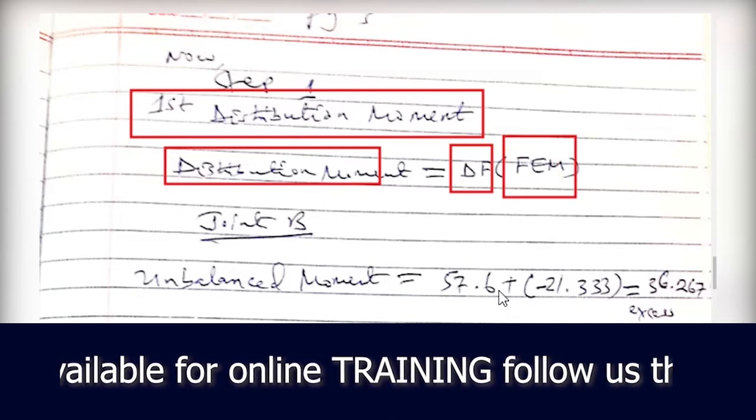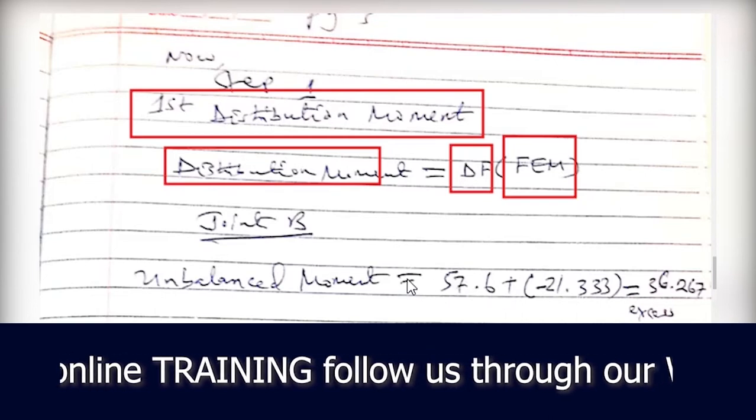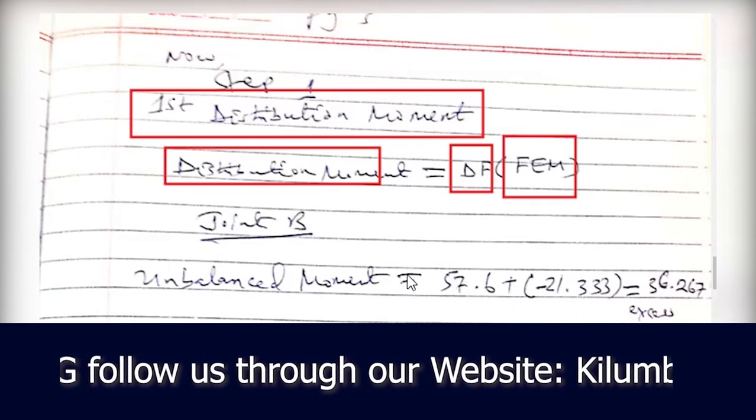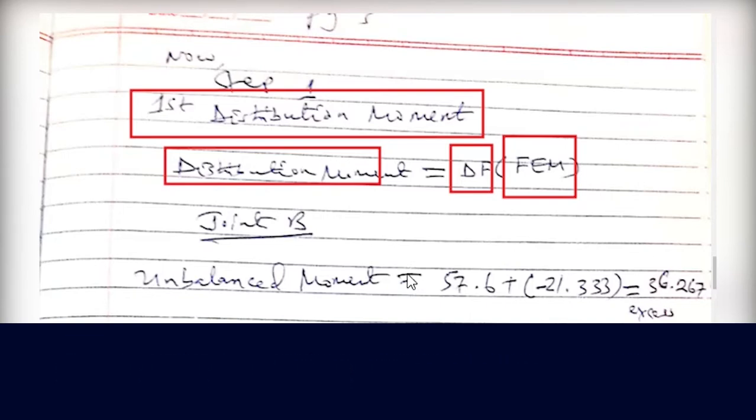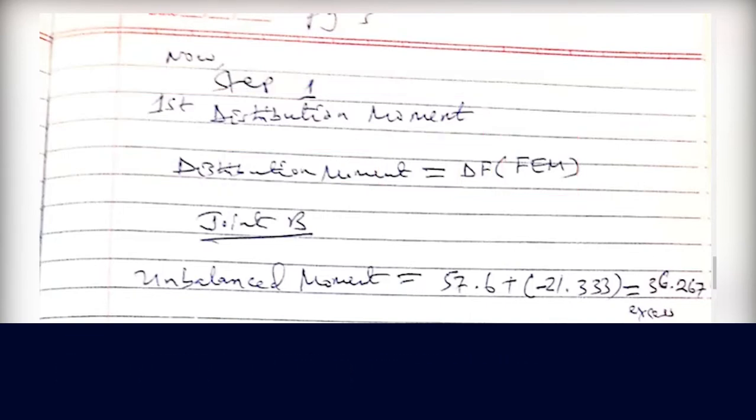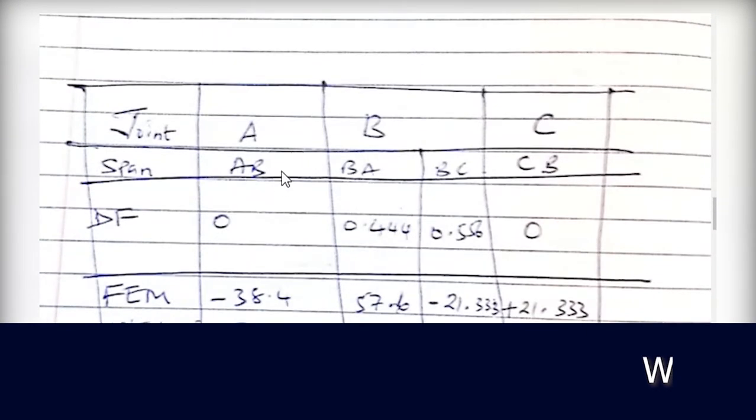Now, suppose we wanted to consider the distribution moment for the unsupported. Now, what do we say? The fixed end moment, let's consider the value for the joint.